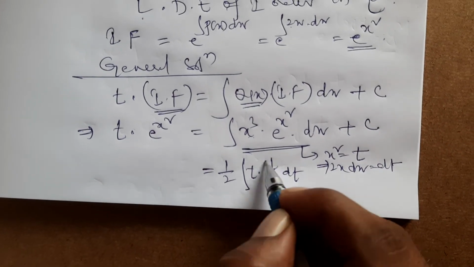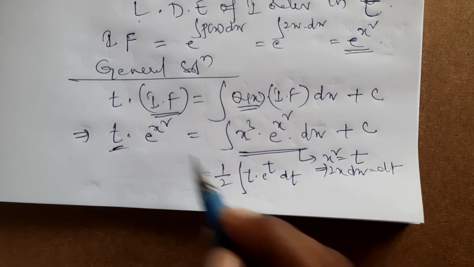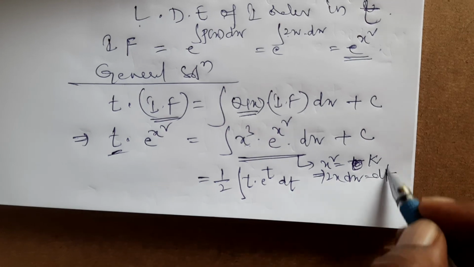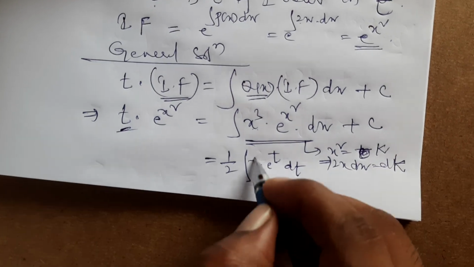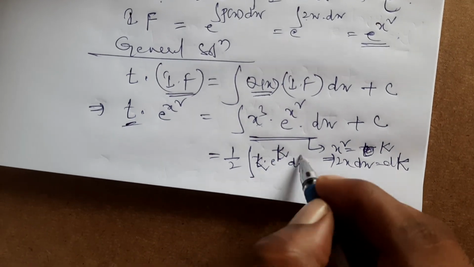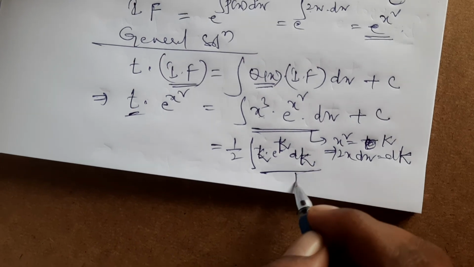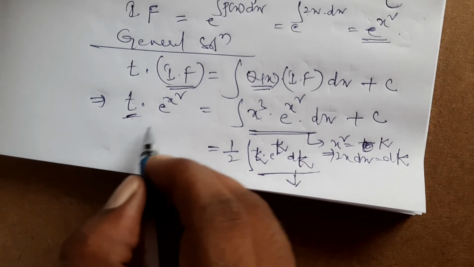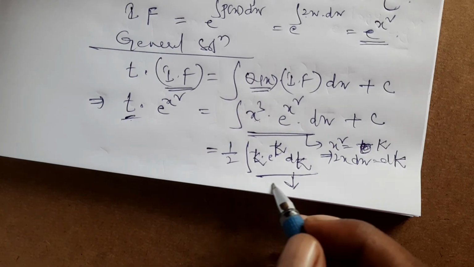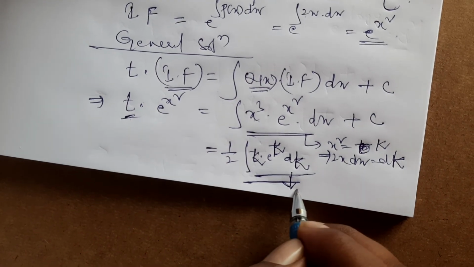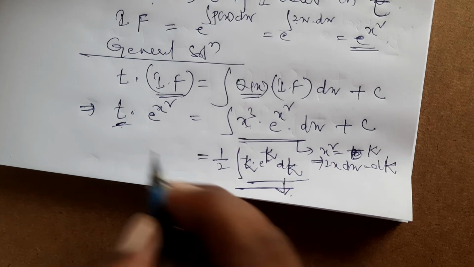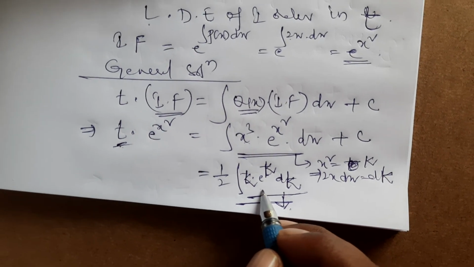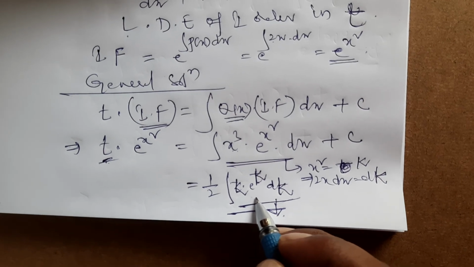Of course, this t is different, so you may take one more variable k to avoid confusion. Then this is k into e power k dk. You know how to simplify this. After simplifying, you get the result in terms of k, then replace t and k in terms of x, and you will get the complete solution.